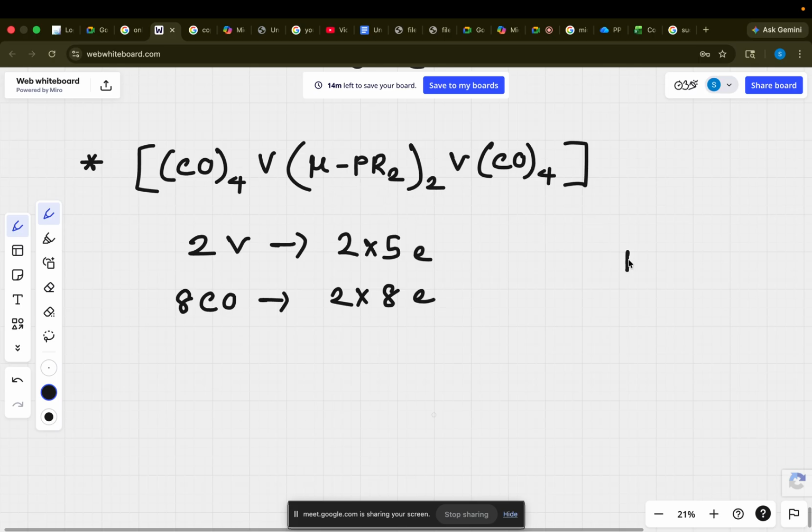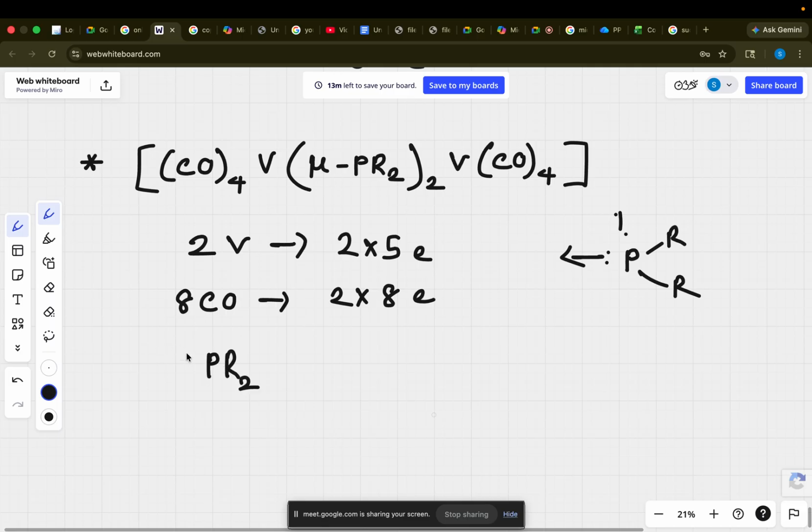Write down PR2 like this. Two electrons are already involved in this covalent bond. So how many electrons left? 3 electrons left, so it is donating 3 electrons.